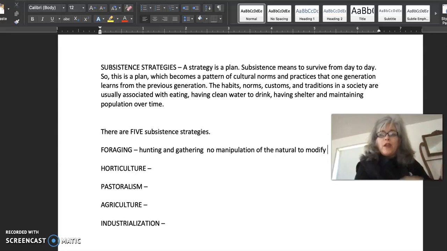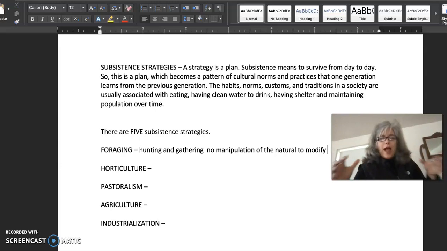So, in the human environmental interaction part of Mr. Help, there is a lot of human environmental interaction, but there's not any modification of the environment to force it to unnaturally produce extra food of a certain type in order to get a population to survive.